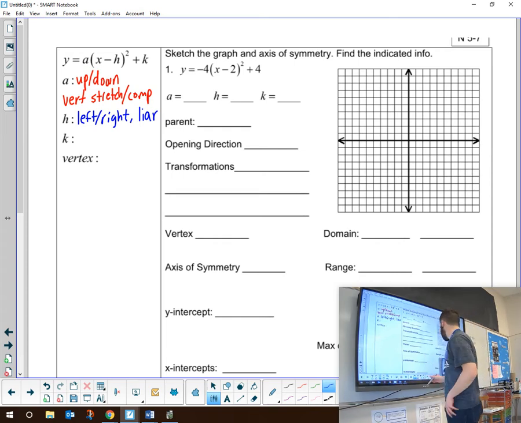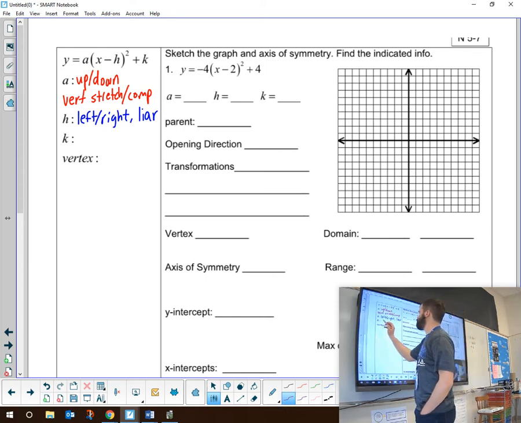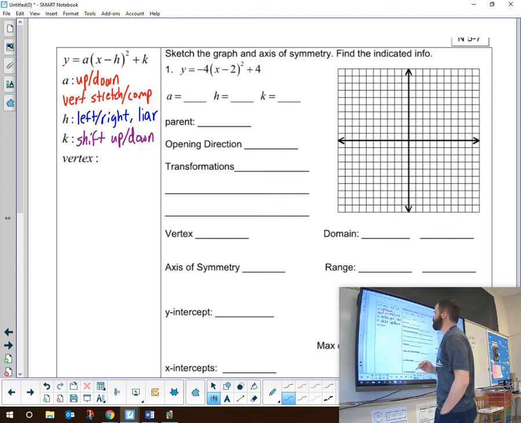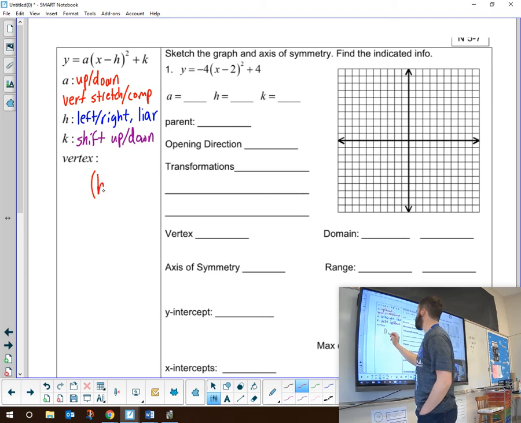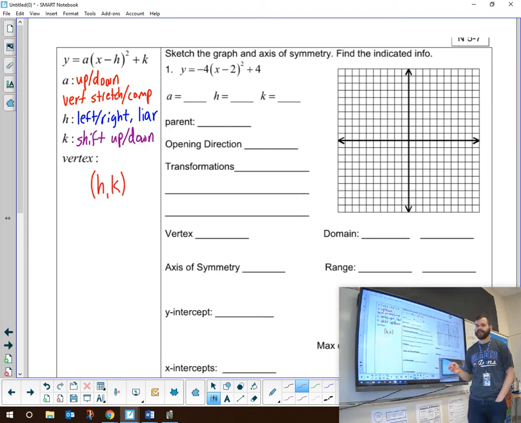Then my k is going to control my shift up and down, so it's different than my a. a controls the direction, but this one shows if I shift up or down. And then my vertex is whatever h and k is.